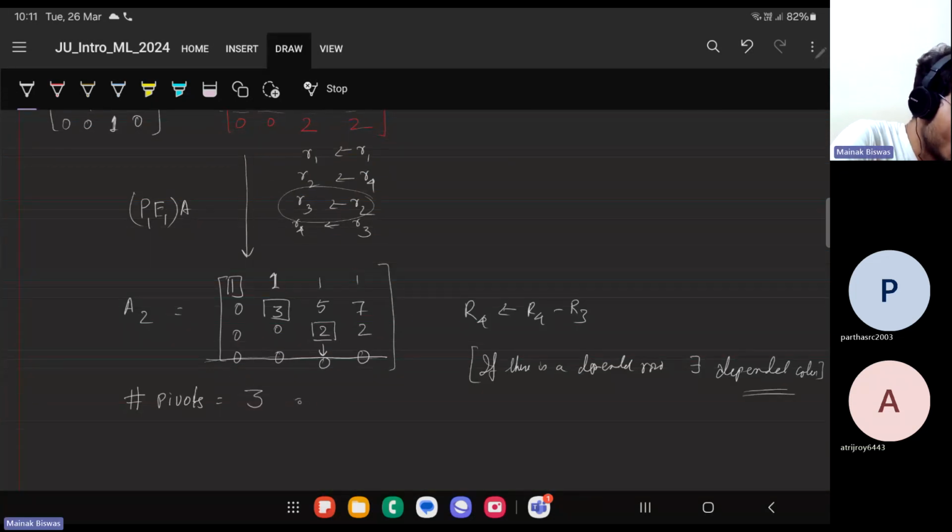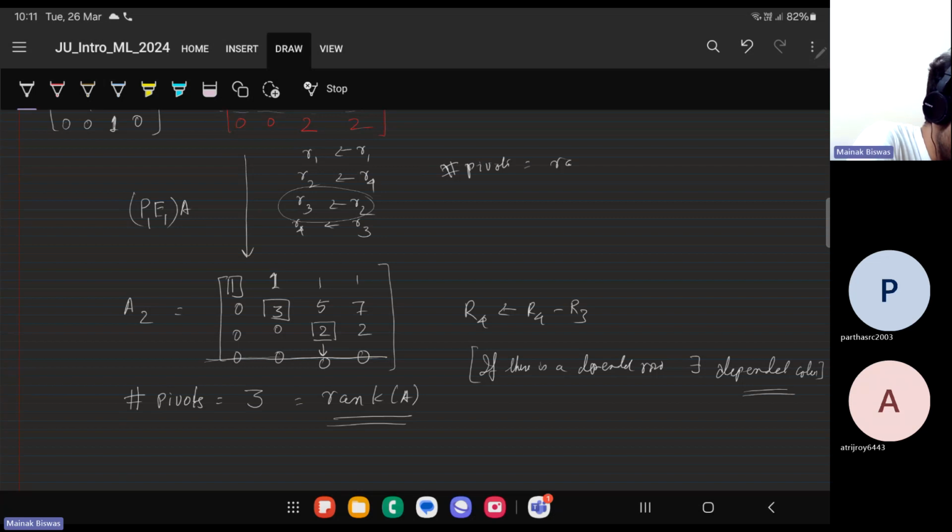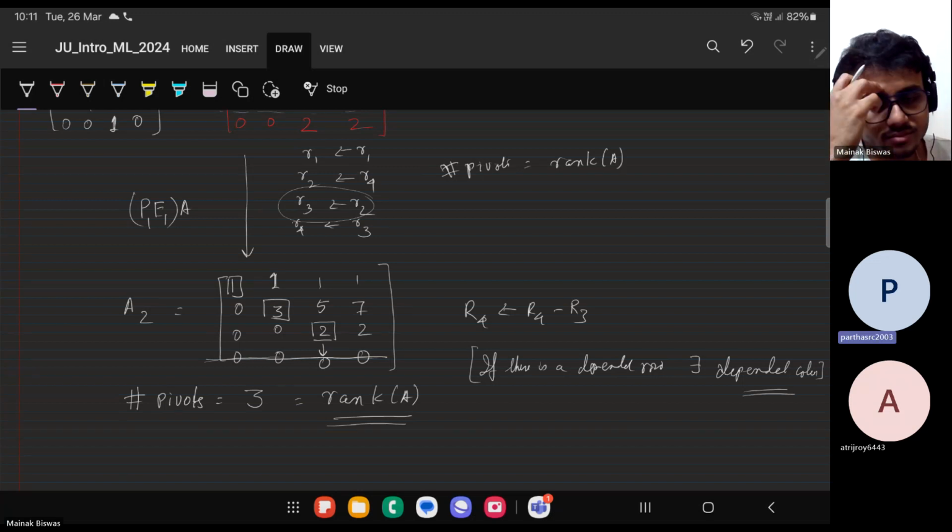So this is known as the rank of A. Number of pivots is equal to rank. So we found that the number of pivots is equal to the rank of a matrix. Right?